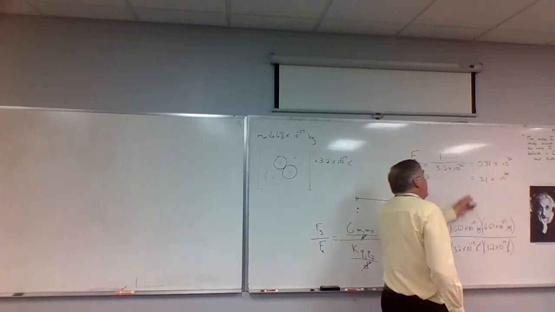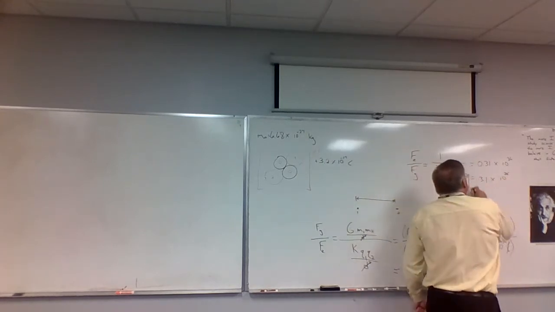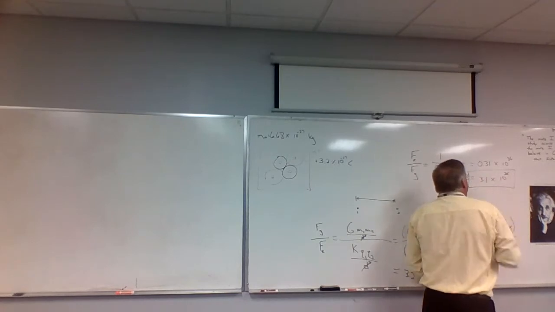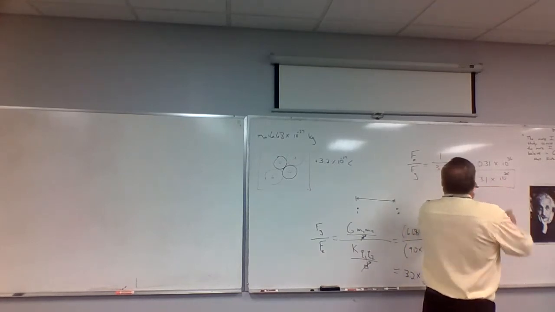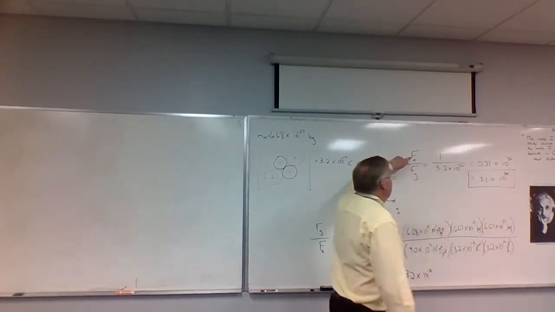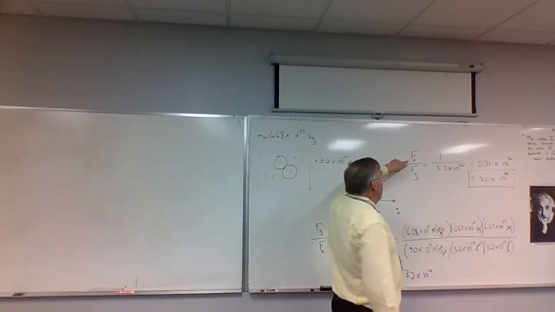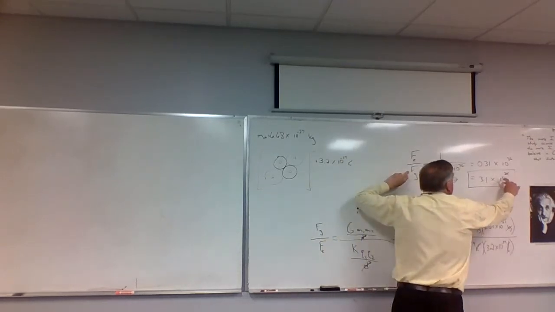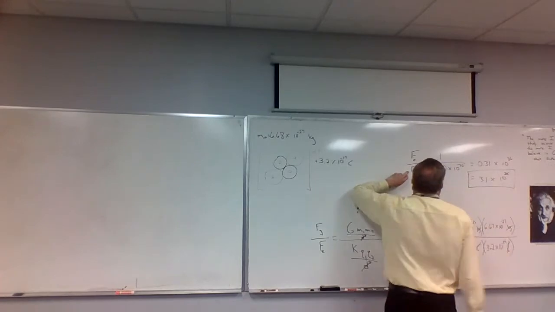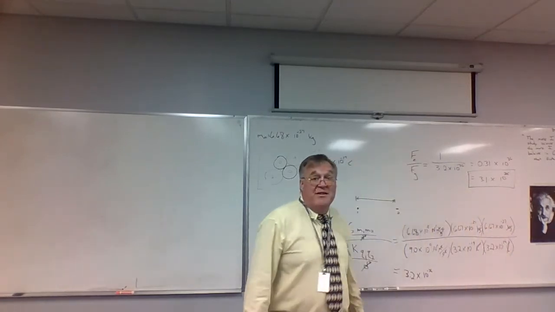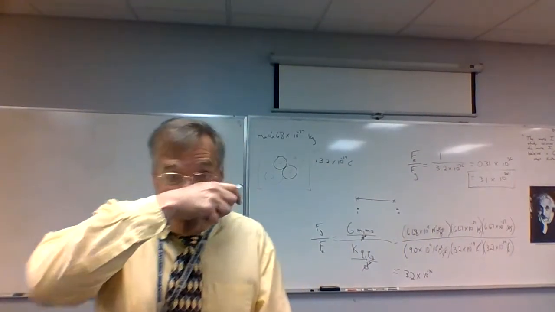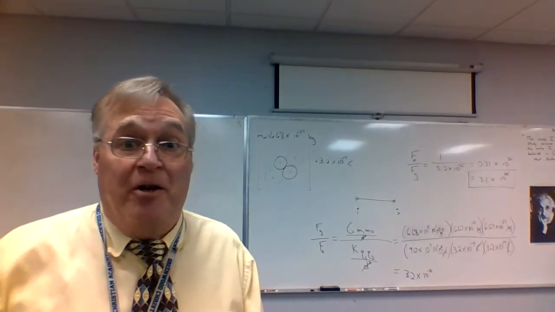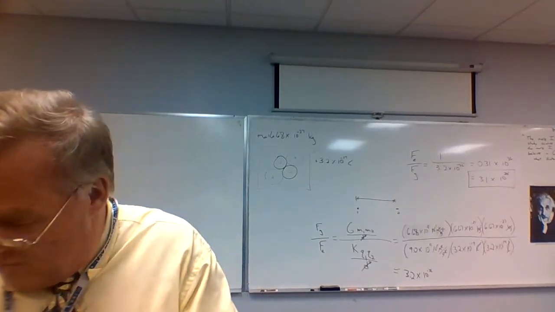Okay? So this ratio is something. And what that says is that the electrostatic force is enormous. 10 to the 35th. That's enormous in terms of order of magnitude, that ratio. Okay, just wanted you to understand that.